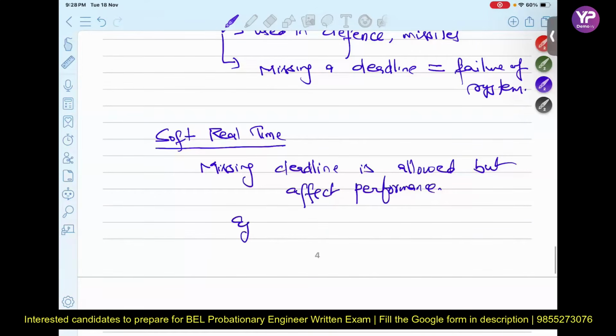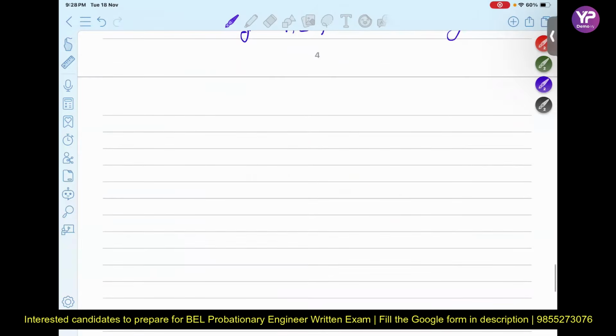Mainly you can see audio video streaming. Like if we are connected with Zoom, there is a chance that it does not work properly. Whenever I'm talking, are you able to understand or not? There is a bit of delay. Fine, that's the main point.